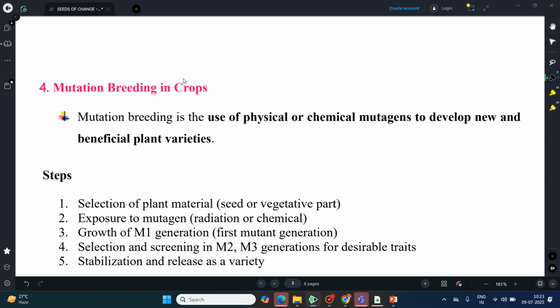Mutation breeding in crops is using physical and chemical mutagens to develop new and beneficial plant varieties.